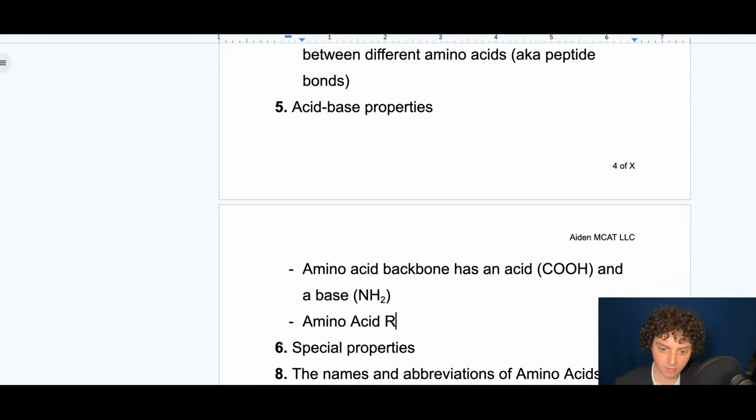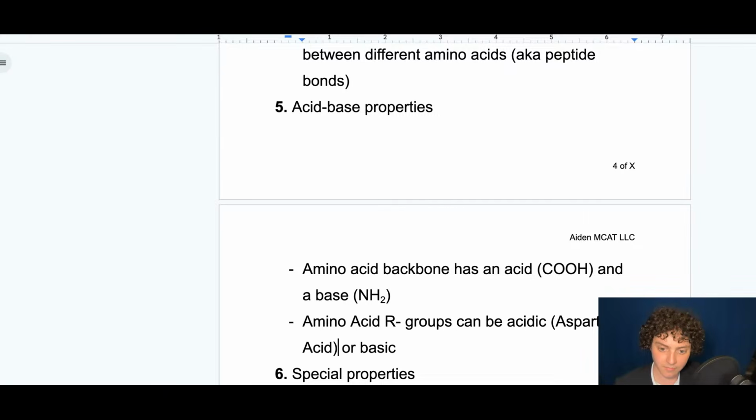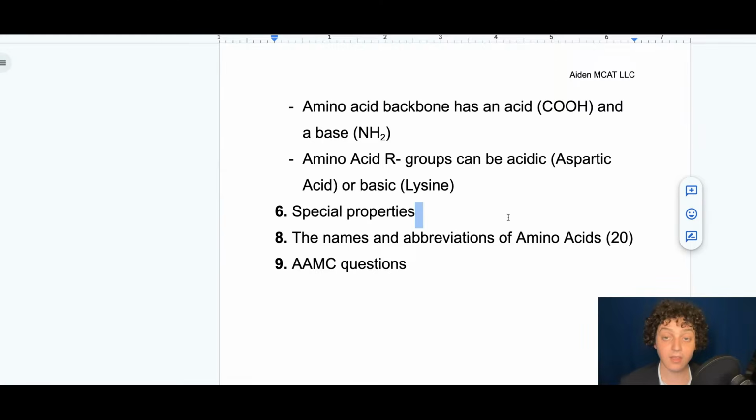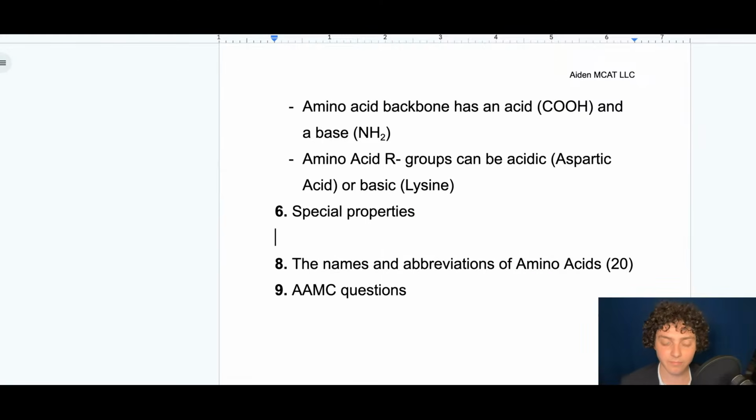Then there are acid and base R groups. So acidic would include something like aspartic acid. The acid part is in the name. And the basics can include amino acids like lysine.